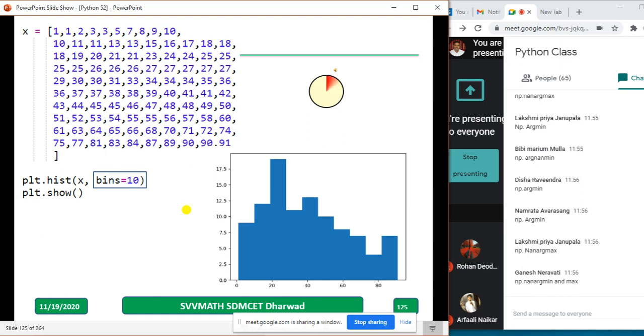I can change the number of bins and observe the output. And you can give any data here, x equal to, and you can make changes in this and observe the histogram, how it looks. I'll wait for another 5-10 seconds, then I'll show you bins equal to 20, how it looks when I change the number of bins. You can reduce, you can increase, and also you can make changes in the data itself and observe the output carefully. Let me make a small change to bins equal to 20. Let me show you how the histogram looks.